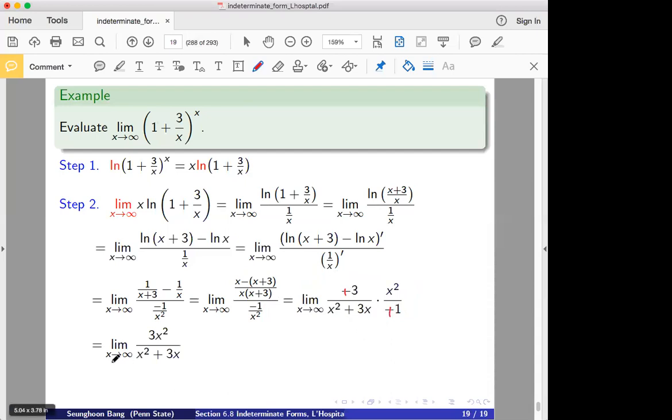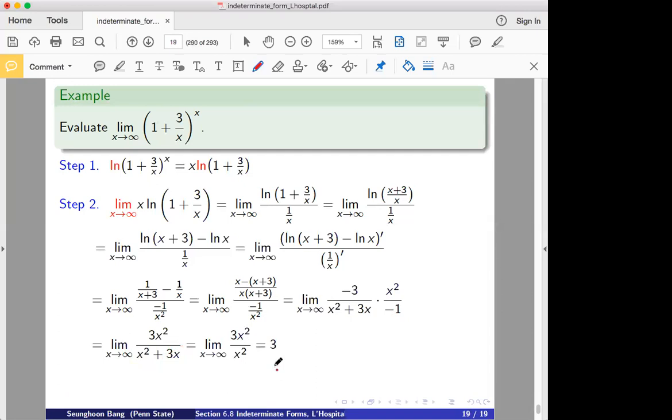The next one, x approaches infinity. The top is infinity over infinity form, so I want to use the relative growth rate of x squared and x. x squared grows faster than x, so ignore 3x and cross out x squared, leaving 3.